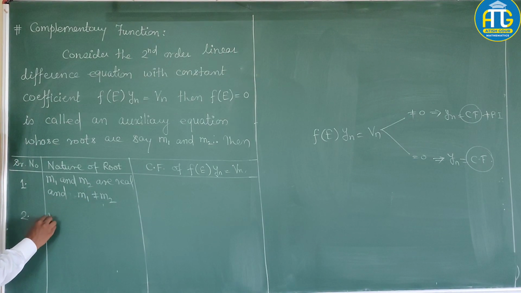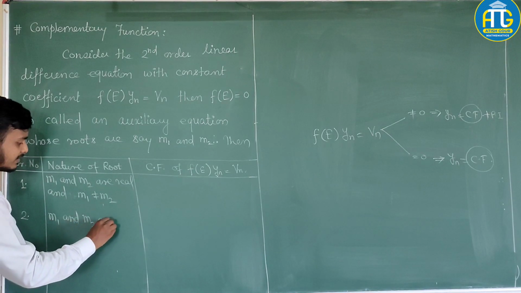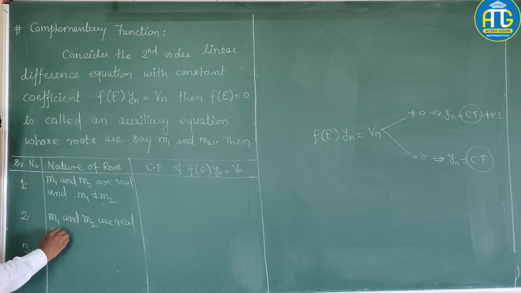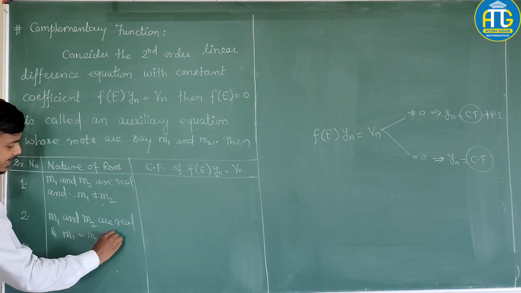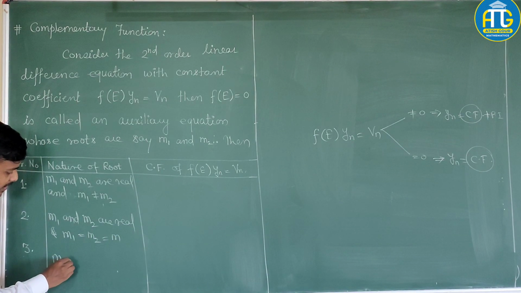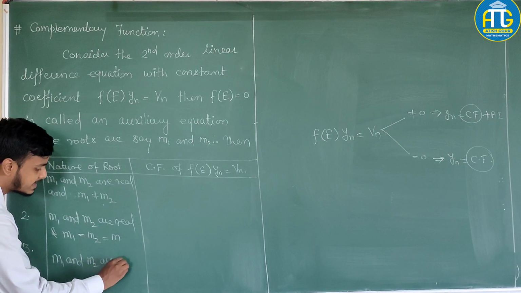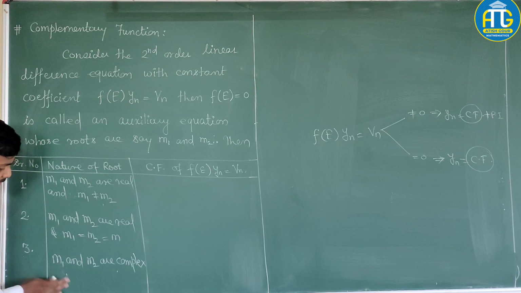Now the second case says m1 and m2 are real and these are same, m1 is equal to m2, say m. And at last, m1 and m2 are complex, which may be of the form a plus minus ib.